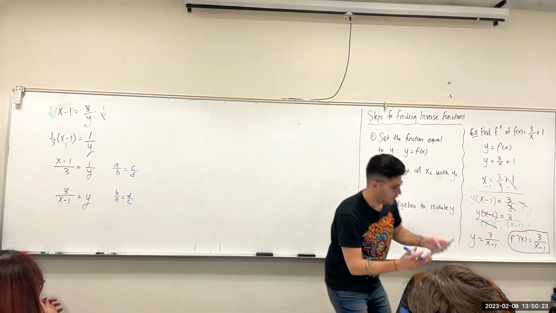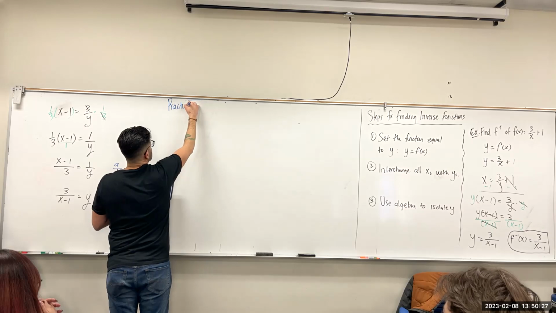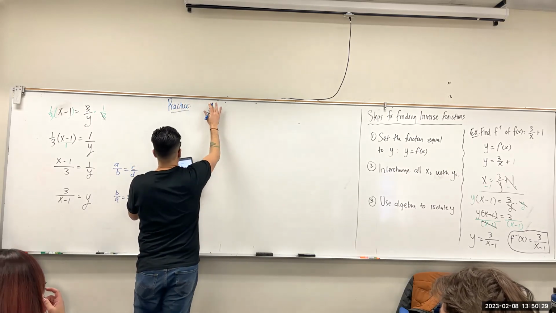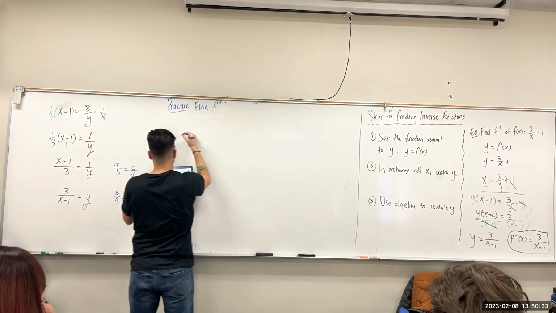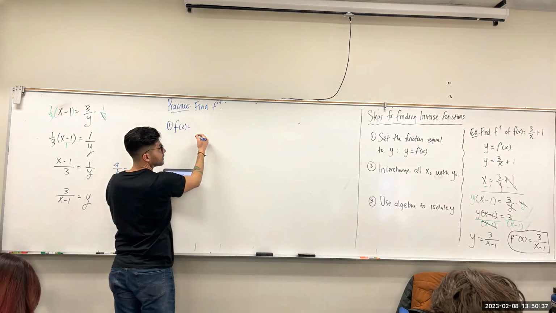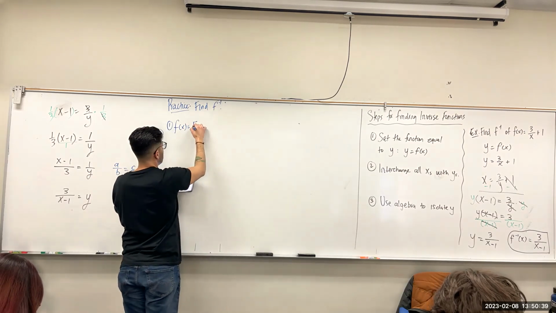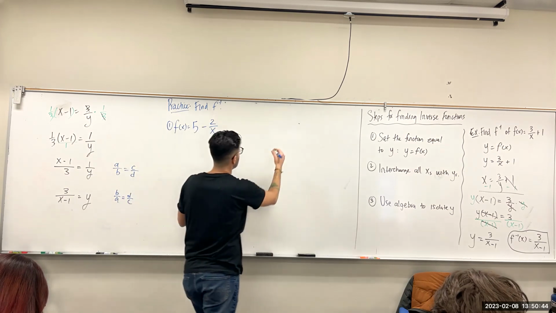Okay. Practice. Find f inverse. Number 1: f of x equals 5 minus 2 over x. Be careful with the algebra on that one.